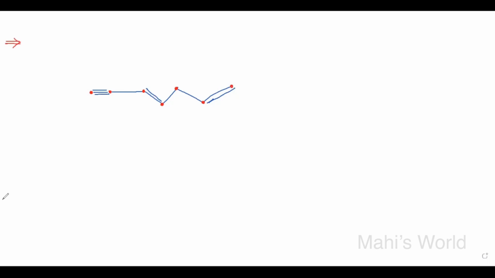But the interesting point is numbering. Whether to start from this end or from this end is the point. Let's check. The green one: 1, 2, 3, 4, 5, 6, and 7. You know, here you got 2 double bonds and 1 triple bond.